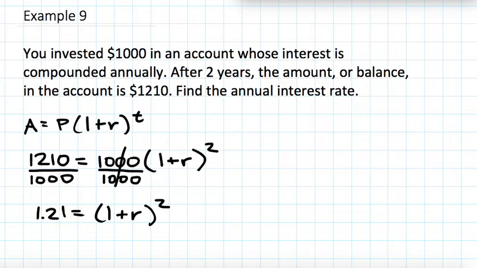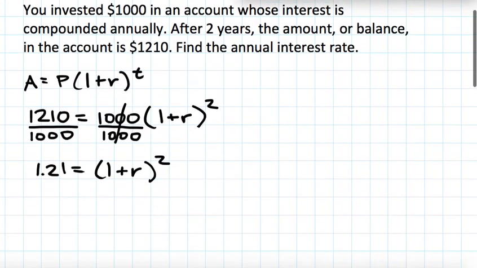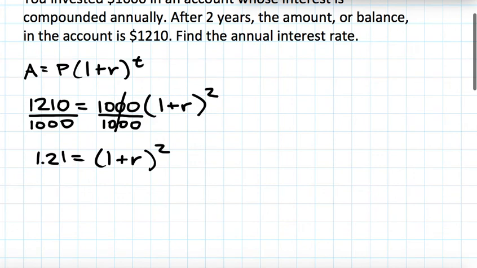And before getting rid of the parentheses, the second thing I need to get rid of is the exponent, the squared, and I do that by taking the square root of both sides. So the square root of 1.21, you would do this on your calculator.